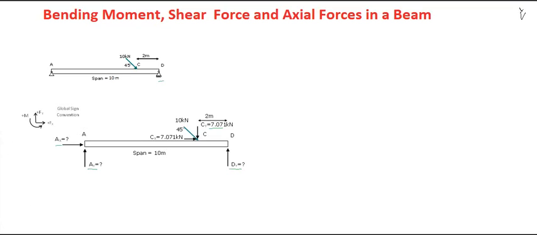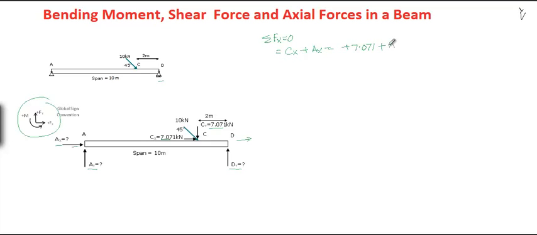Now we need to use equilibrium equations. So using equilibrium equations in two dimensions, summation of force in x direction equals 0 gives us Cx plus Ax equals 0, because Cx and Ax both are pointing rightward, and from the sign convention this is positive.